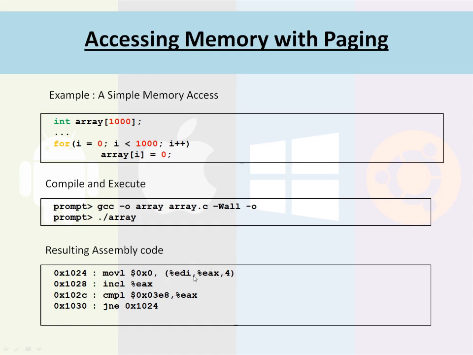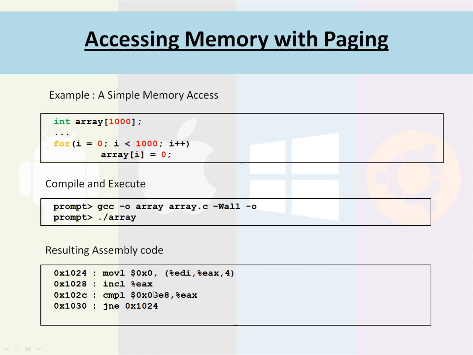The result is that the EDI register holds the base address of the array, whereas the EAX register holds the array index I. We multiply by 4 because the array is an array of integers, and each integer is 4 bytes, which is how much space is required to store a single integer. So this step is basically the initialization of our array and our index.